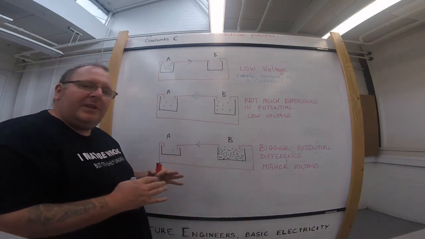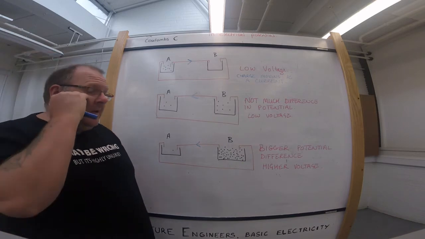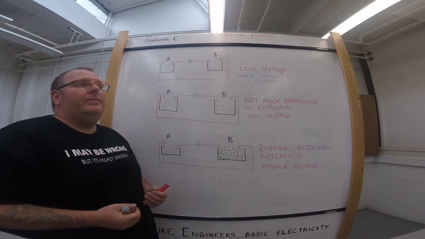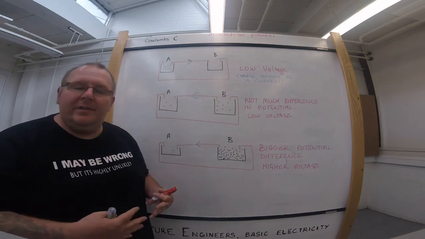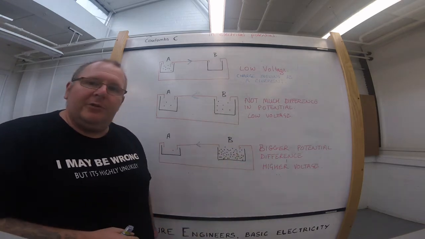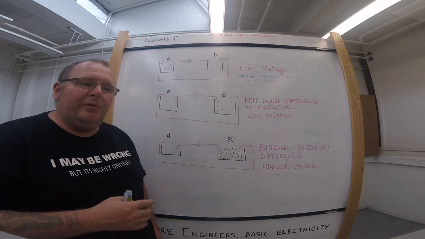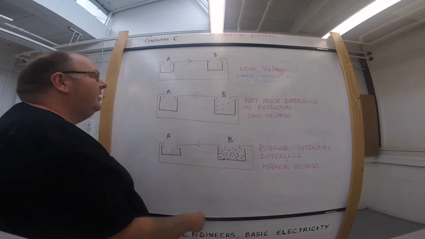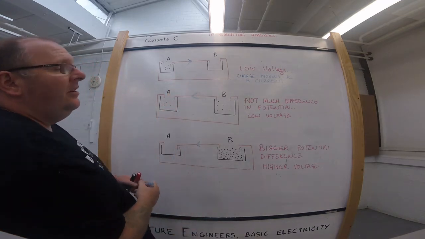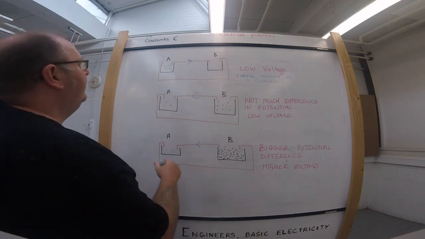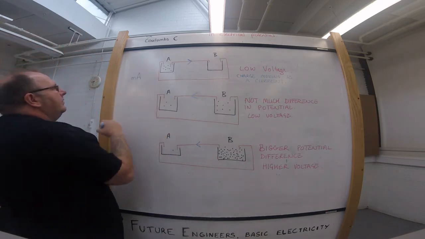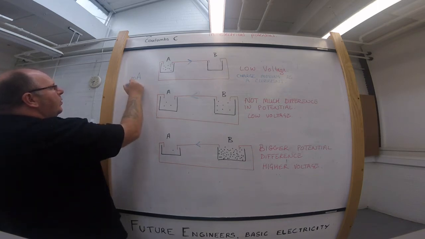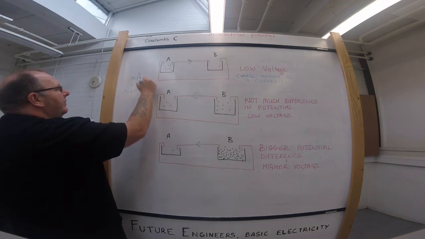The bigger the potential difference, the more force there is making the electrons want to move, moving that charge. So these two might be measured in milliamps. And a milliamp is 1/1000th of an amp.